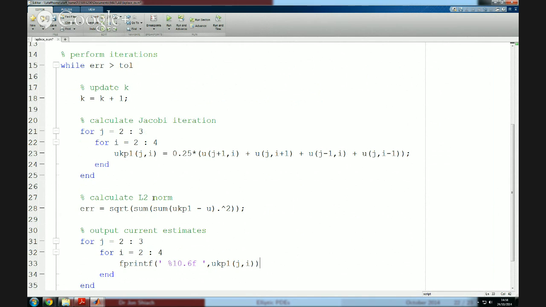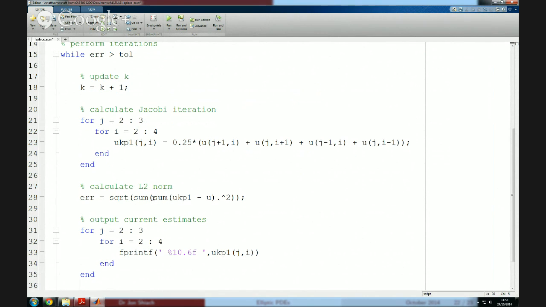So what this is going to do is simply create a row of all of the U values, UK plus 1 value. After I've completed one row, I'm going to put an fprintf with a backslash n, which means I've outputted one row of my values, and we're going to start a new line.